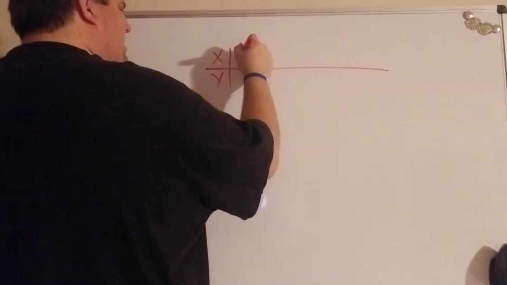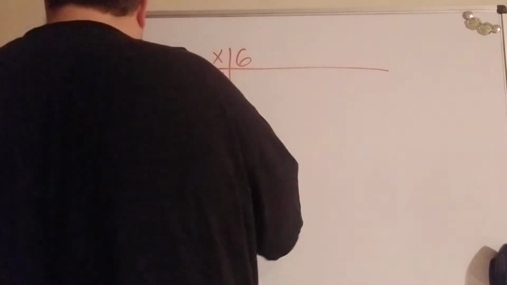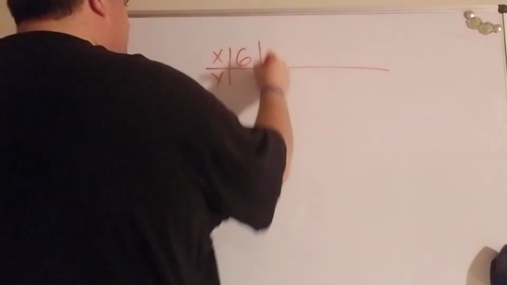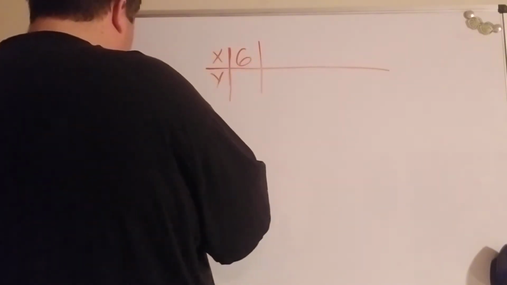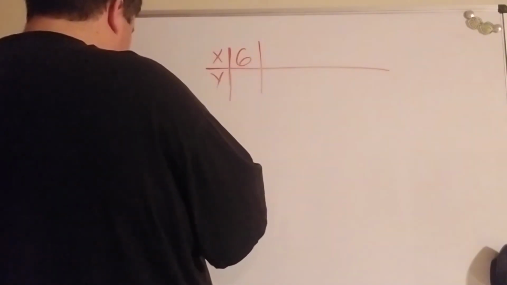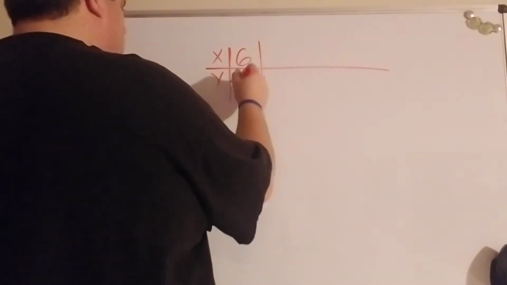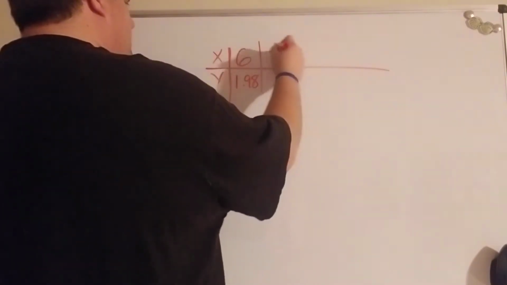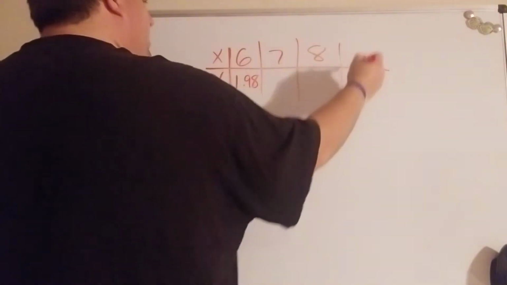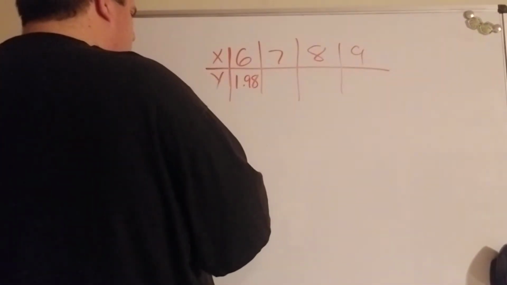So let's say, to buy 6 sodas costs me $1.98, and then I can kind of go up from there. We'll just do a couple of them.